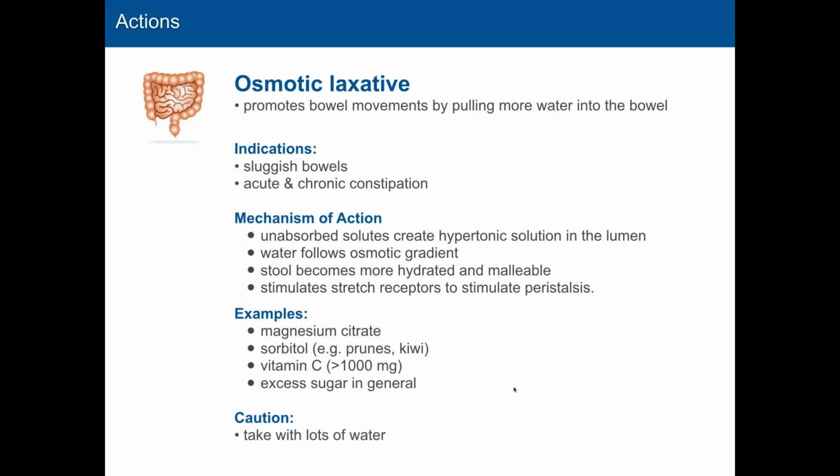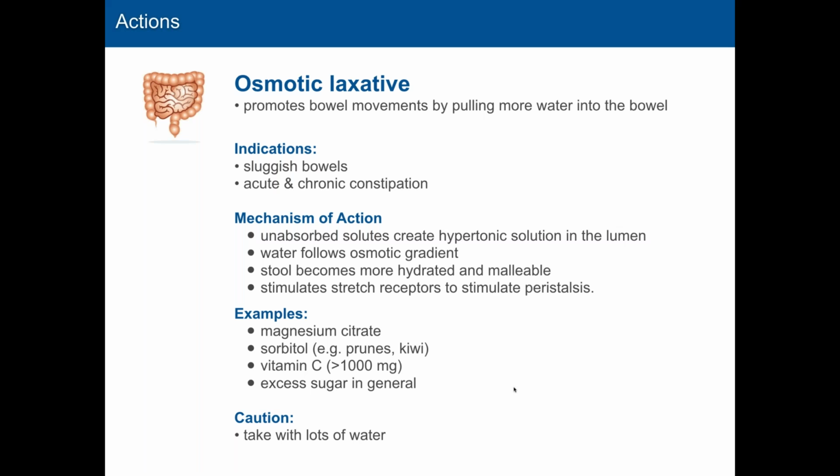So the way that it works is if you have things like magnesium, if you eat a whole bunch of magnesium, magnesium is a classic osmotic laxative. There's a certain amount of magnesium that if you consume it, your body can't absorb it, so it stays in the bowel, pulls water in. By doing that, it's going to hydrate the bowel, increase the volume, and then lead to a bowel movement. And if you take too much, it will lead to diarrhea.